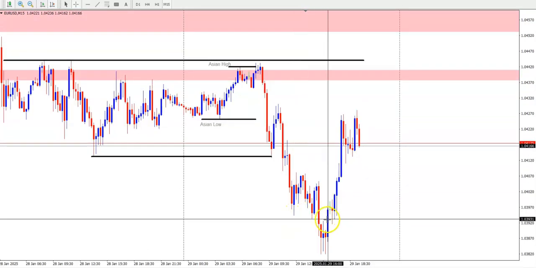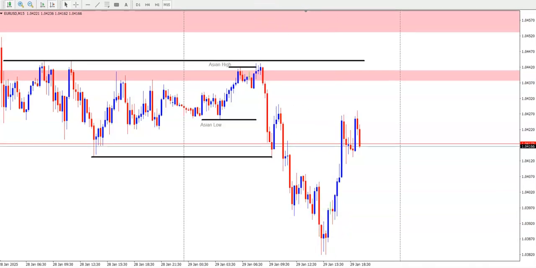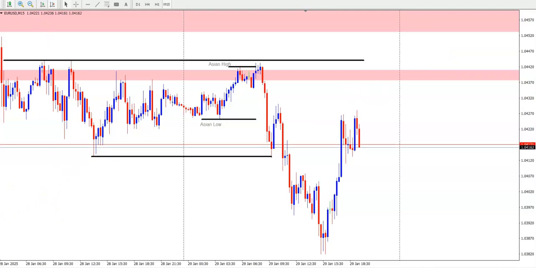And later on, after the news came out and after the New York session opened, we also had this nice, beautiful structure shift. As you can see, we had a bearish structure, lower lows, lower highs, and then after New York opened, we had a nice structure shift here between these overlapping fair value gap levels, and this is the price action on the euro USD so far today.